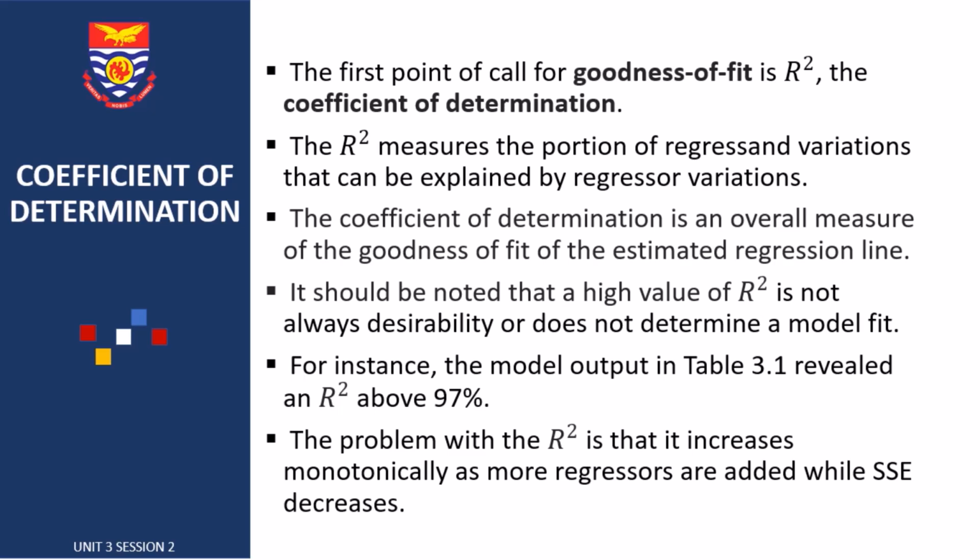Just as you add more independent variables to the estimation of your model, there's a likelihood that your R square is going to increase, which does not necessarily mean that all the variables that you are adding to your model are statistically adding value or increasing the value of your model.